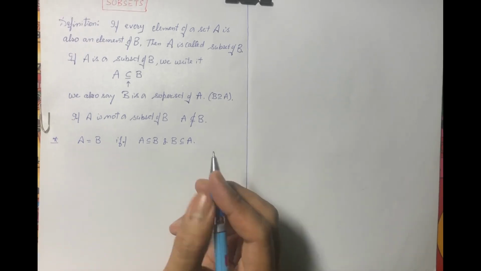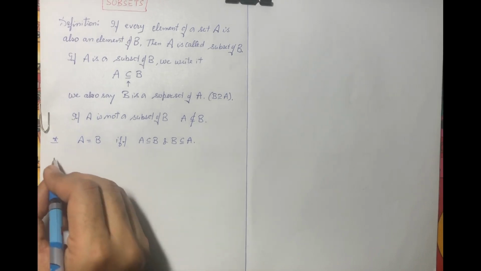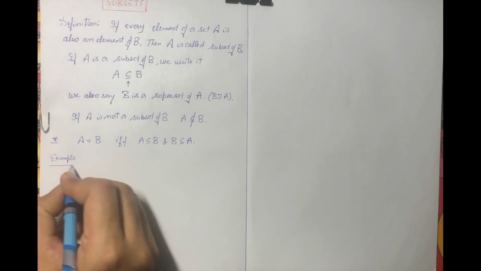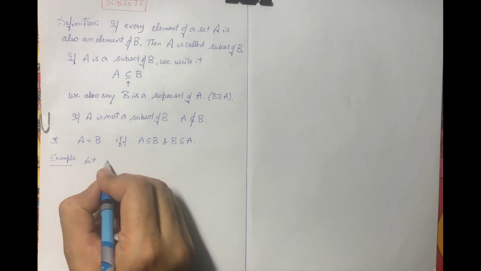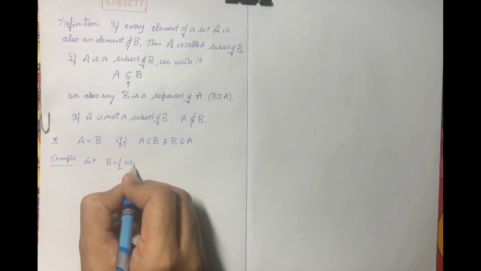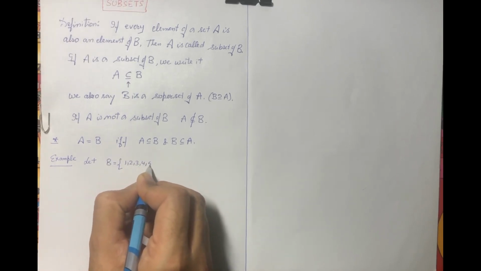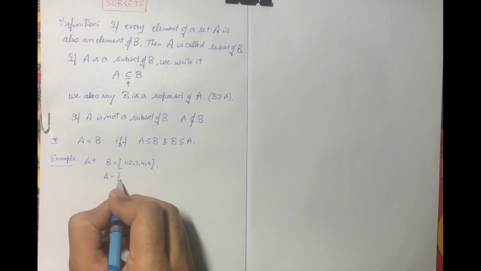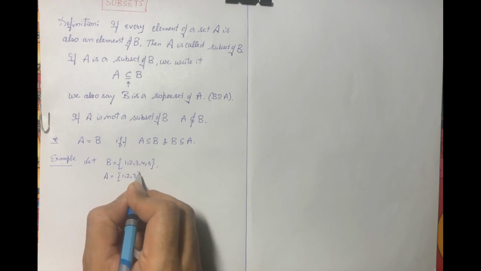So we will take some example. Let B be 1, 2, 3, 4, 5 and A be 1, 2, 3.